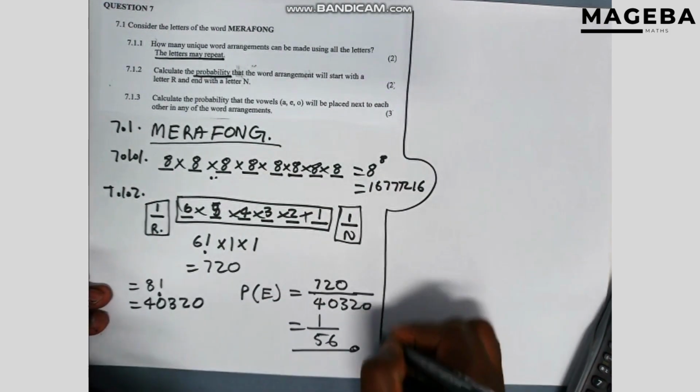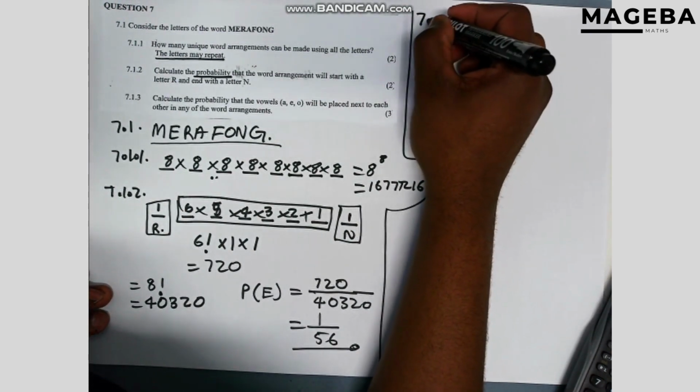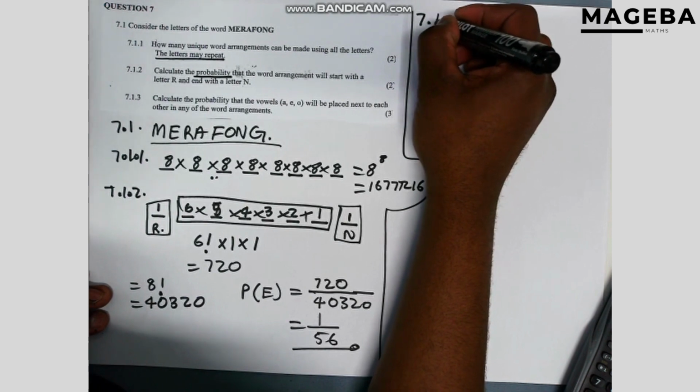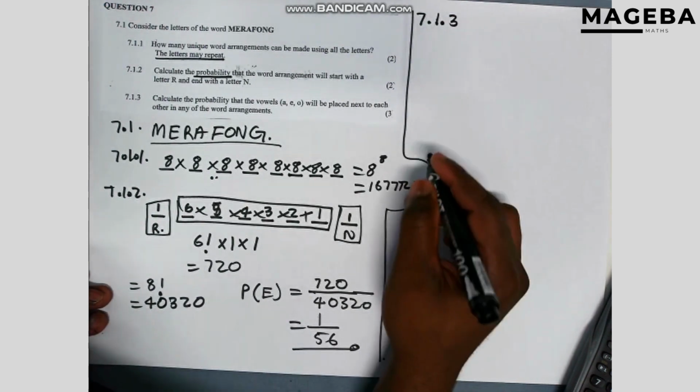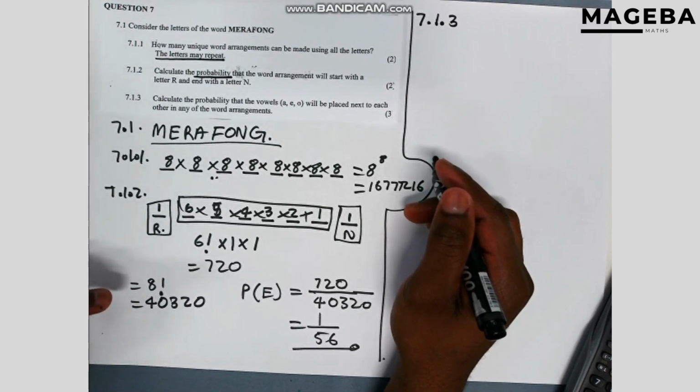Now coming here in 7.1.3, they are telling us to also calculate the probability, where the vowels will be placed next to each other.